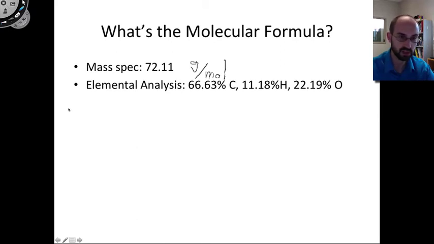So what we do is this. Let's start with carbon. We are organic chemists, after all. We know that the molecular weight of this compound is 72.11 grams per mole.